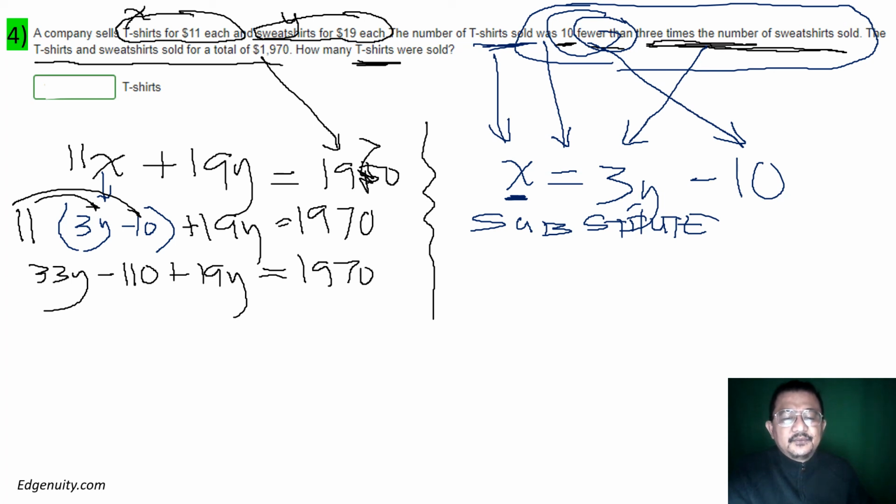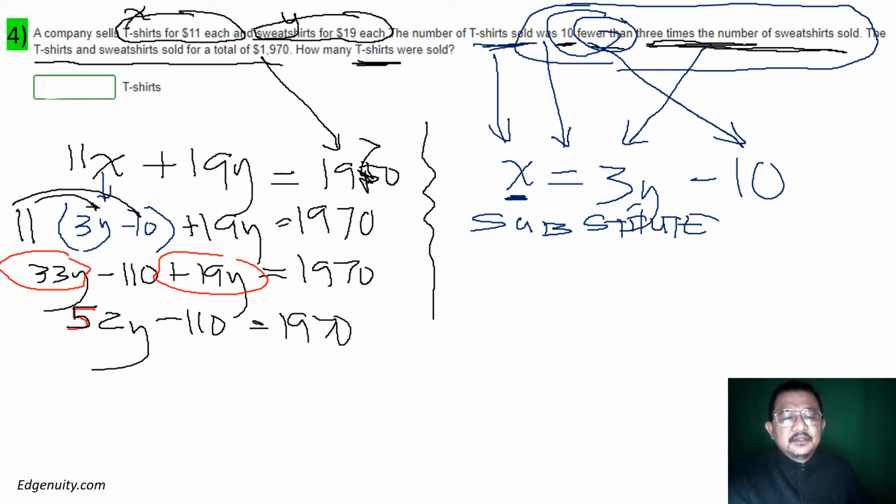Okay, let's combine like terms, 33 and 19. That becomes 52Y, all right, minus 110 equals 1970.